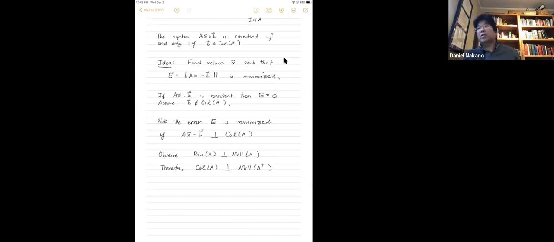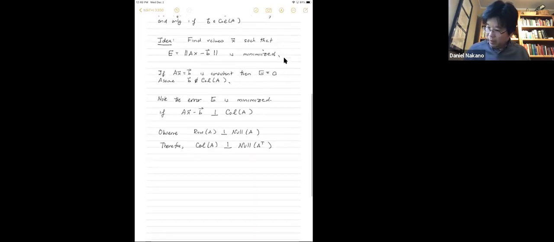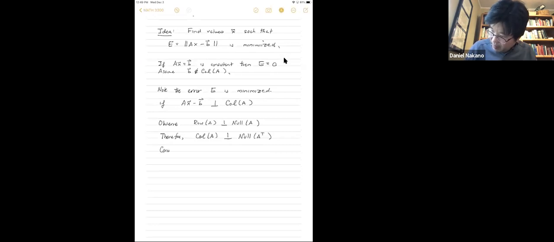Okay. So if we want to minimize the error, we have AX minus B perpendicular to the column space. So if the error is minimized, then AX minus B must be in the null space of A transpose. What does that mean? It means that when I take A transpose times this vector, I get 0.